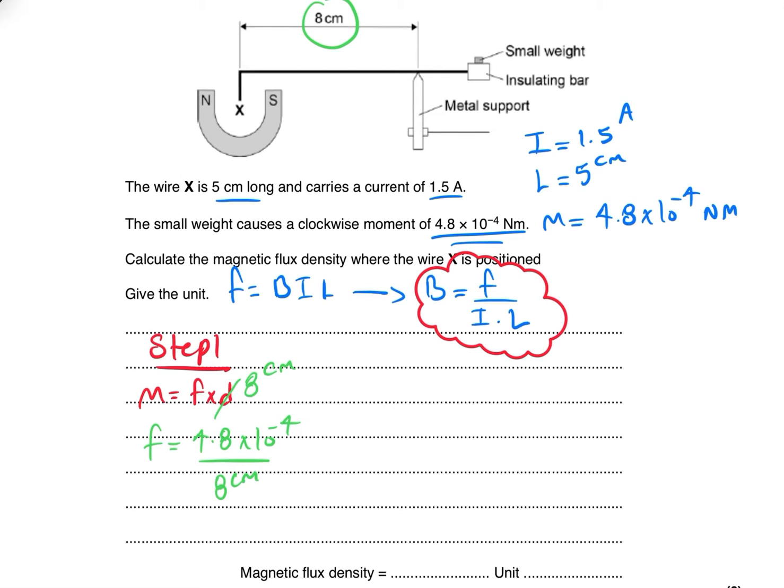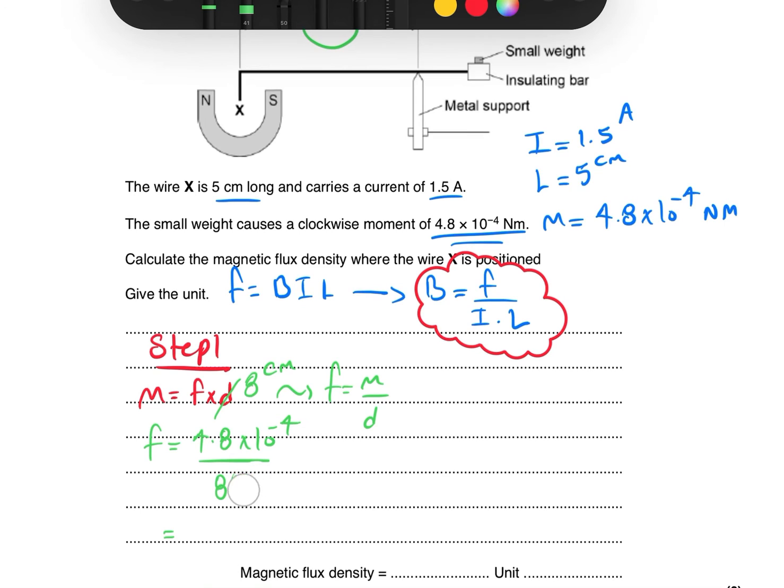Basically, I rearranged the original equation to get that force is moment divided by distance. If you divide 4.8 times 10 to the power of negative 4 by 8 centimeters, don't forget to convert the centimeters into meters, so multiply by 10 to the power of negative 2. Dividing by 8 times 10 to the power of negative 2, you're left with 6 times 10 to the power of negative 3 newtons.